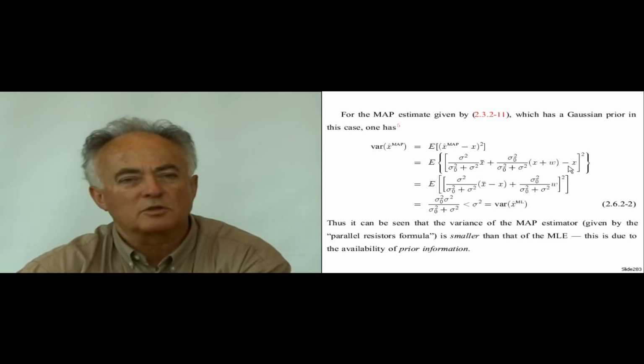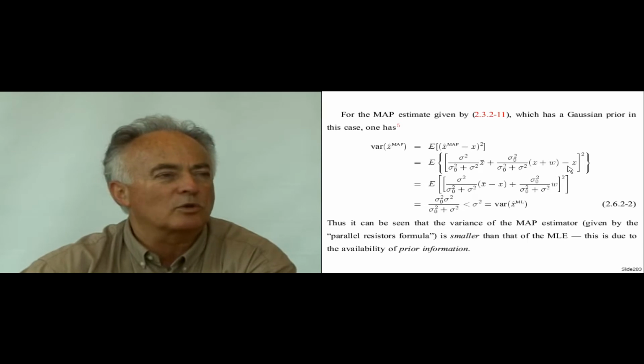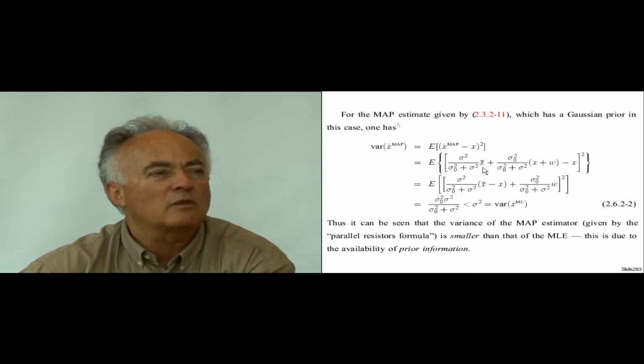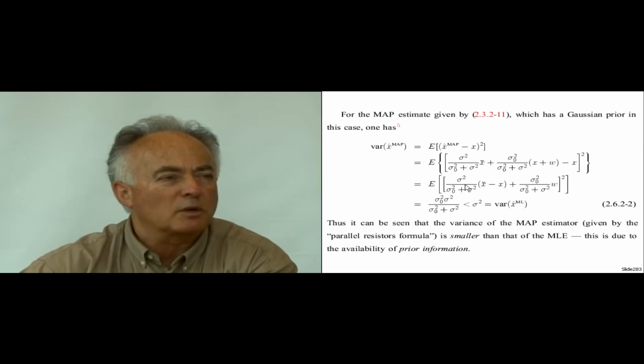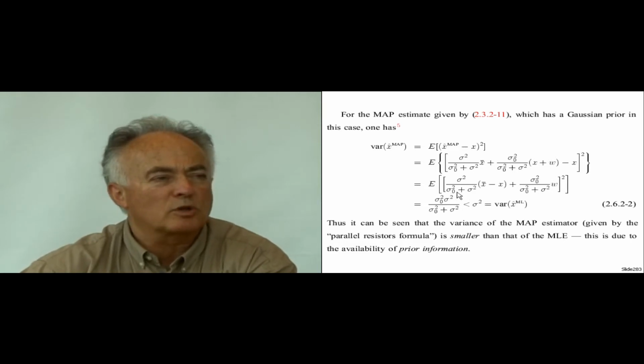Sometimes we use x0, sometimes we use x. Right now x is okay. And what we have is, after rearranging the terms, an x bar minus x here, weighted by sigma squared over sigma 0 squared plus sigma squared, and a w.